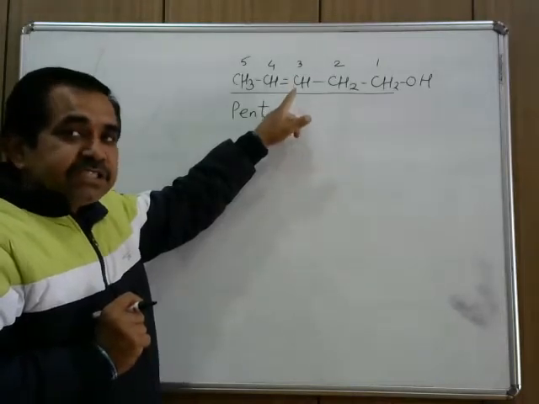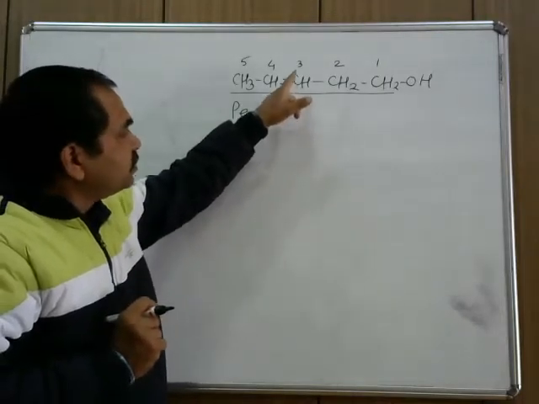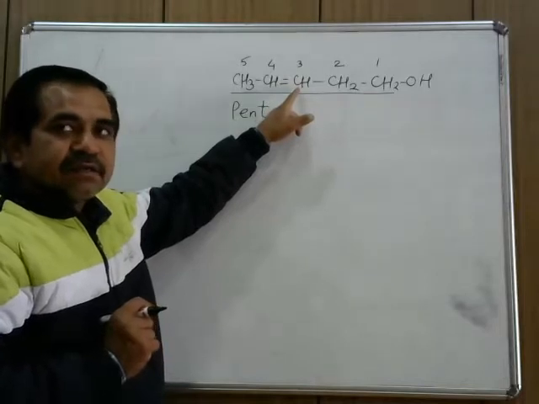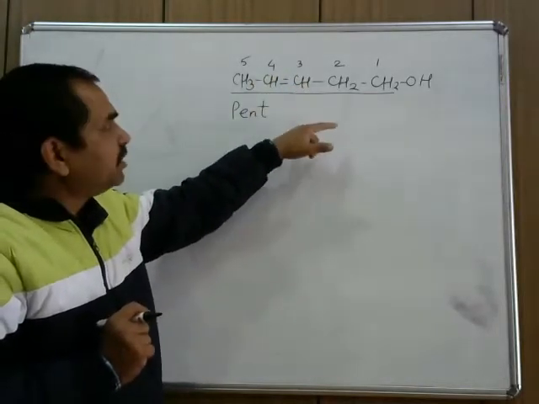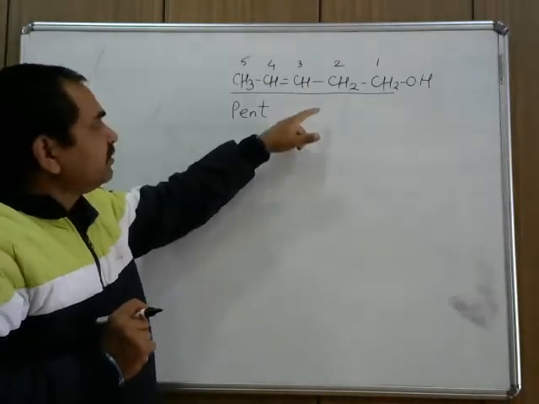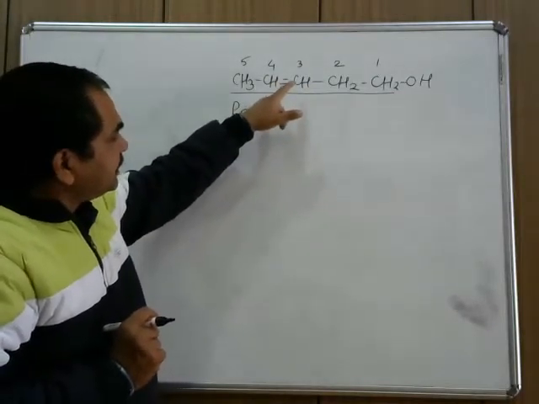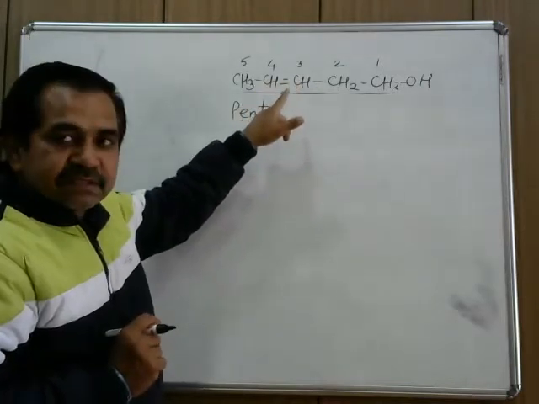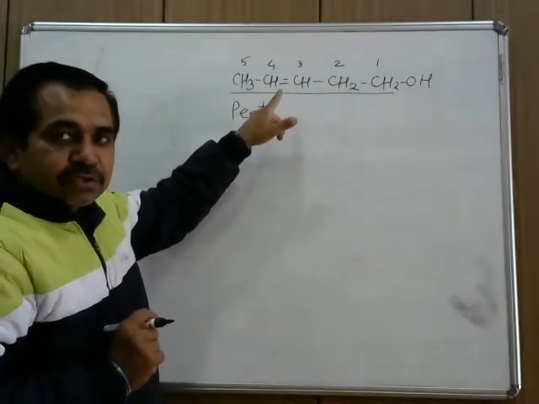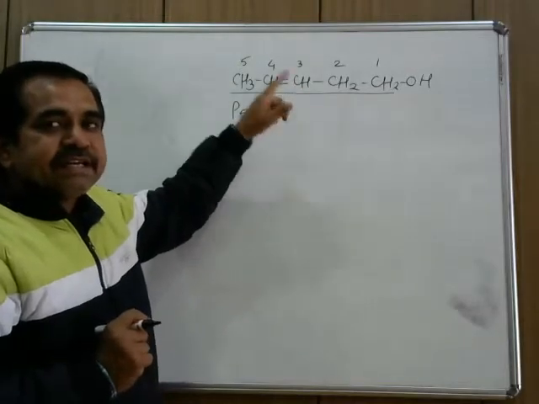And the position of the double bond is the lower number between the 2 carbons in which that double bond is present. For example, herein the double bond is present between this 3rd and 4th carbon, so the position of the double bond is taken as 3.